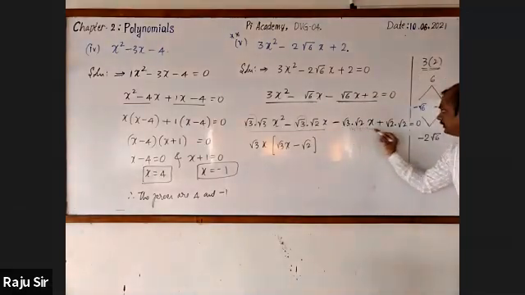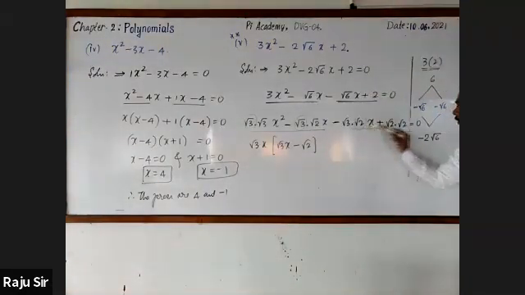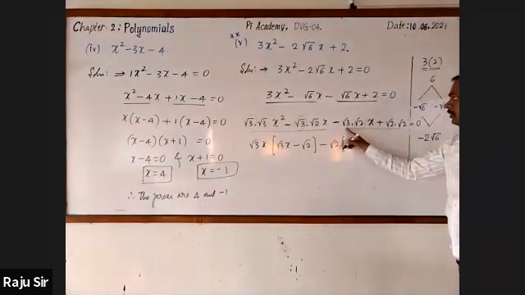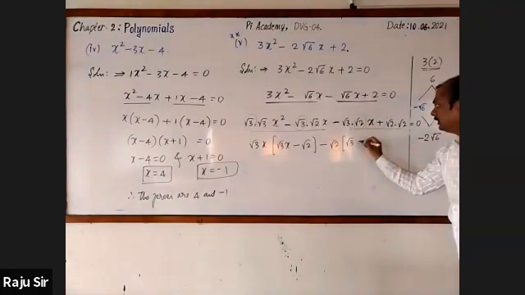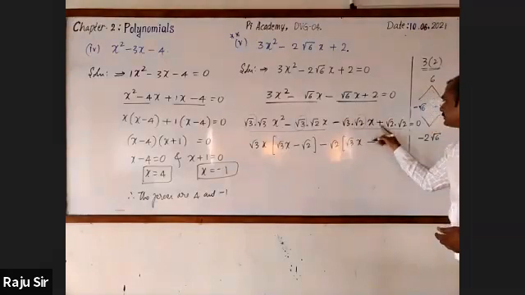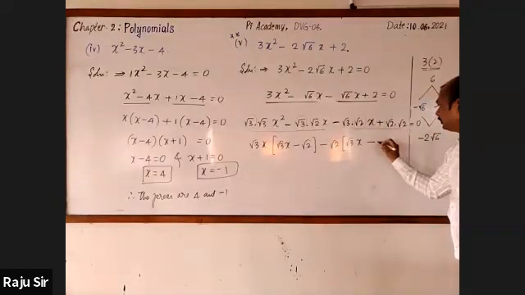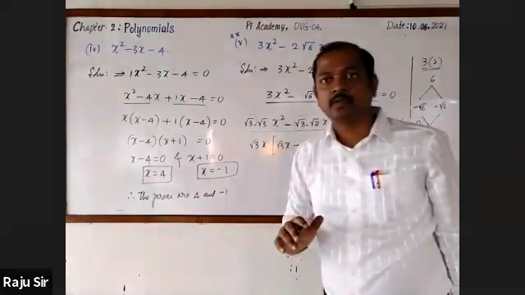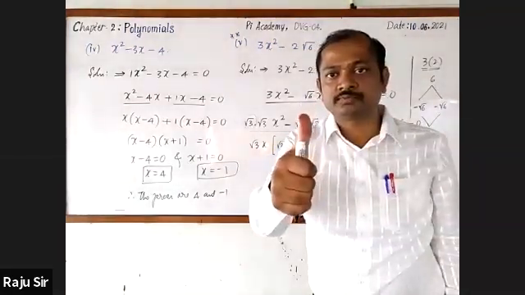Next, in these two terms, root 2 is common factor. Minus root 2 into, you will get root 3 into x, minus into minus plus, into root 2. Have you understood?